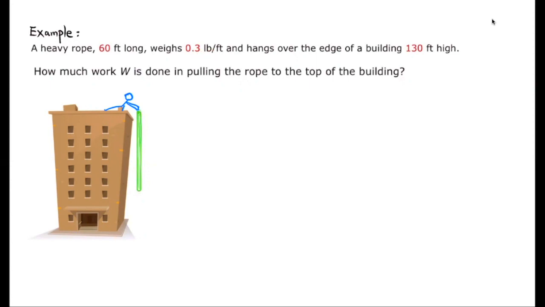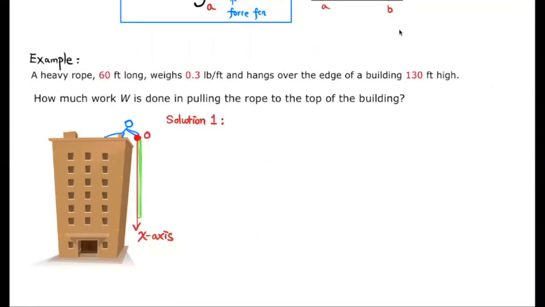And this building over here is 130 feet high. We want to find out how much work is done in pulling this whole rope here to the top of the building. So the rope will be completely at the top. I'm going to go over two ways to do this.